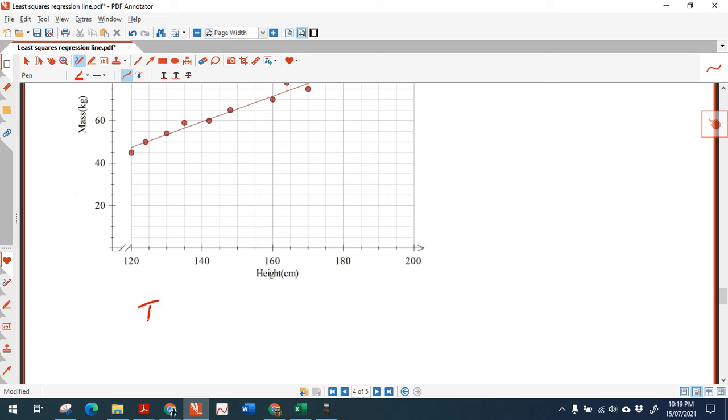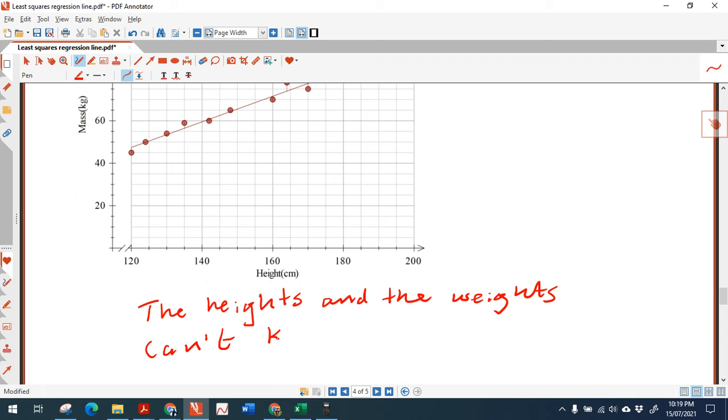Okay, so I would say the heights and the weights can't keep increasing. That's the only limitation to that model. Can't keep on increasing forever. There is a limitation to human height and weight.